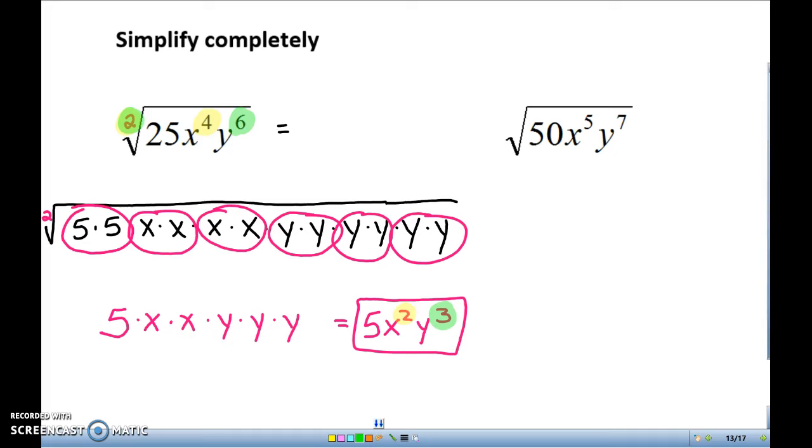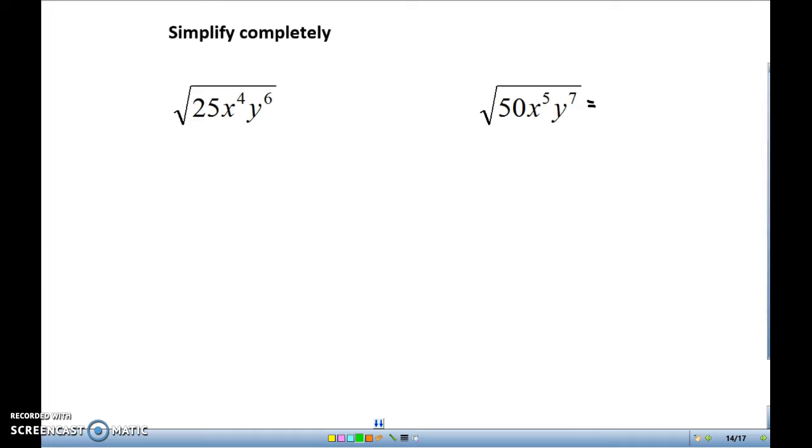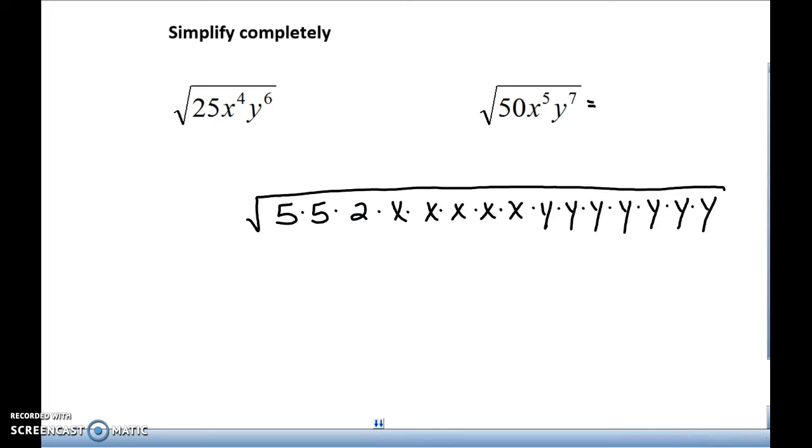All right, let's take a look at the next one. I'm going to take the square root of 50, x to the 5th, y to the 7th. Now my index here is a 2, so that means I need to put together groups of 2 in order for them to come out of the radical sign.